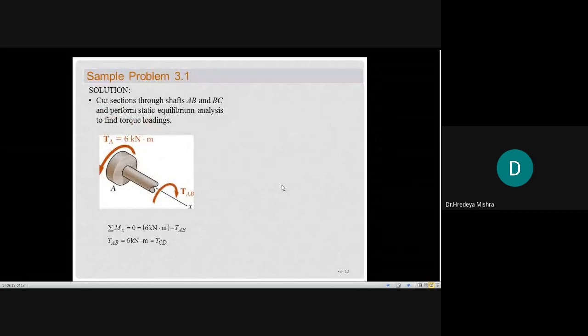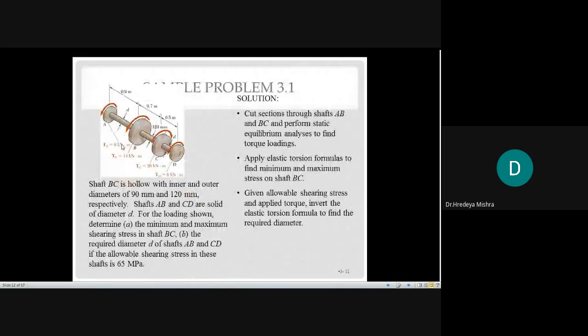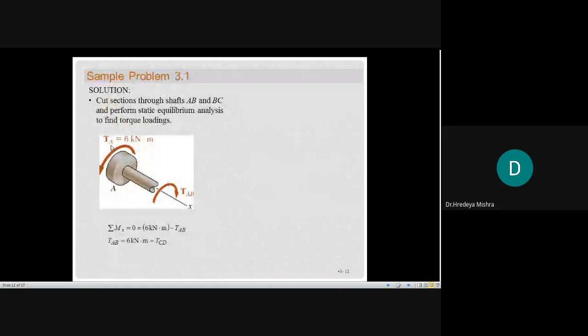So we just talk about the torque given here. We consider one point, that is A, where the pulley is applied. Here TA equals 6 kilonewton meter, and the same and opposite torque is applied here. So what happened?